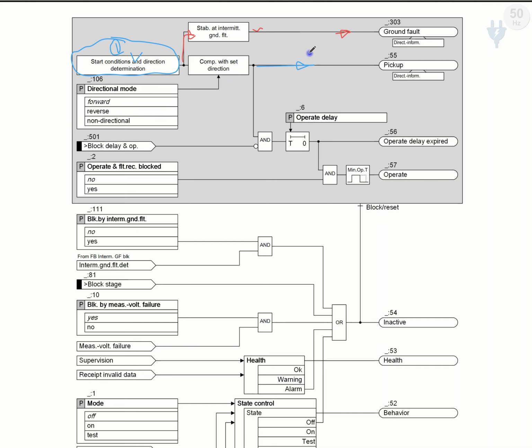We select whether it should operate for forward direction faults or reverse direction faults. And there is an operate delay, which is around 1 second by default. You can apply the delay that you want.